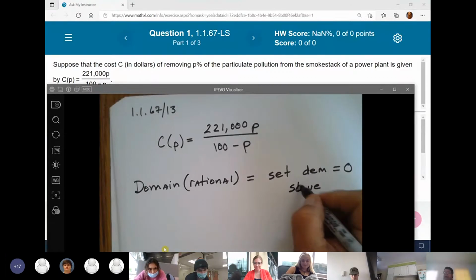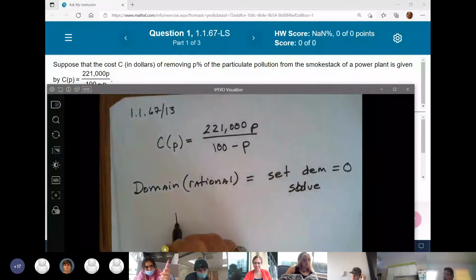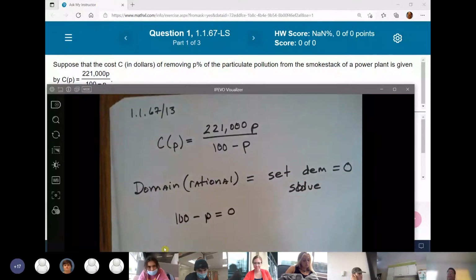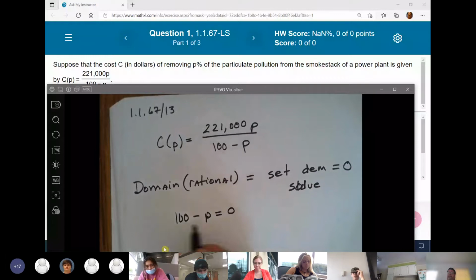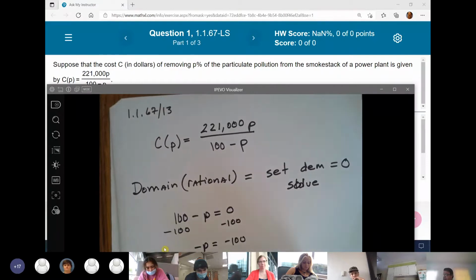So 100 minus P is equal to 0. Subtract 100 from both sides. Negative P is equal to negative 100. P is equal to 100.